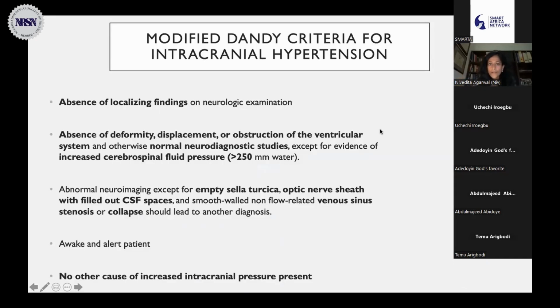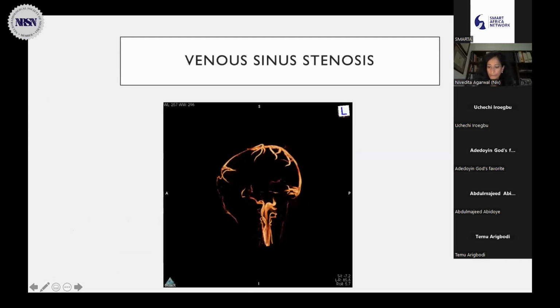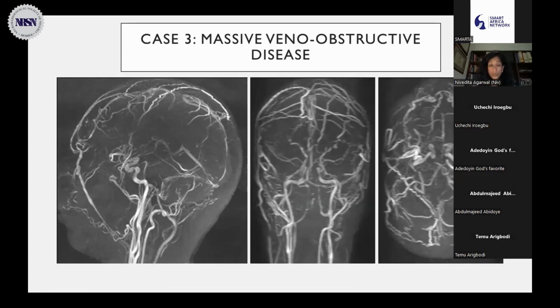And in IIH, you have what is called the modified Dandy criteria. In the modified Dandy criteria, there is abnormal optic nerve sheath with filled out CSF spaces and venous sinus stenosis or collapse, right?